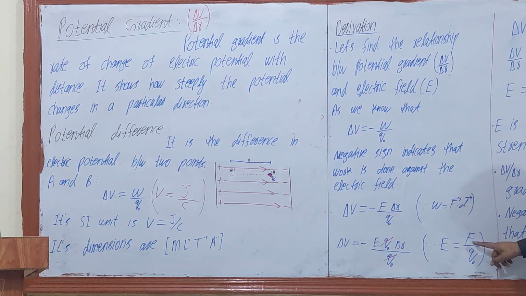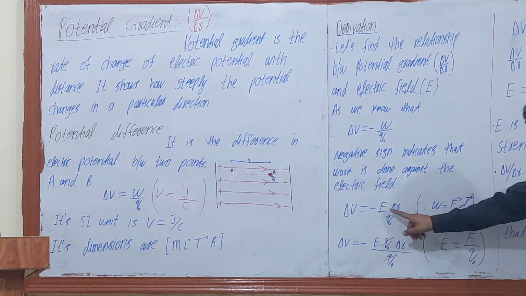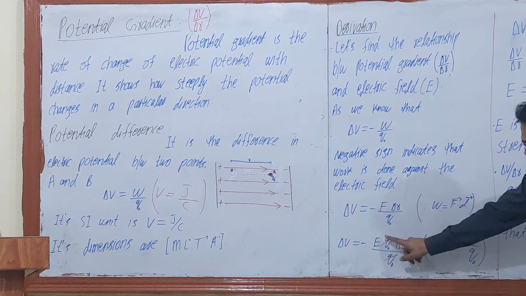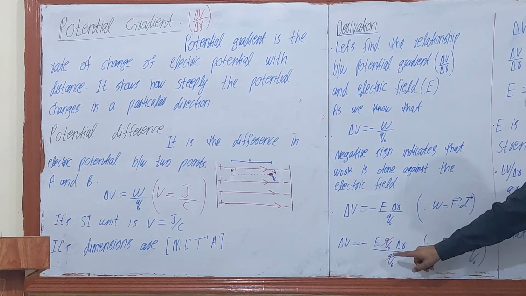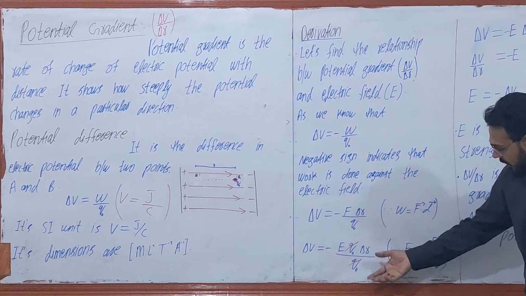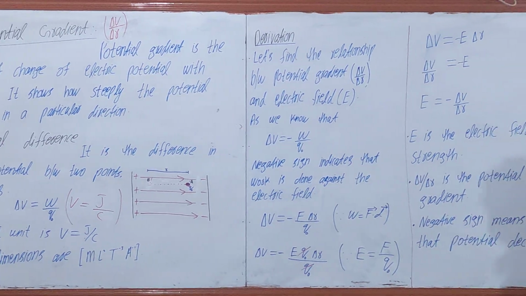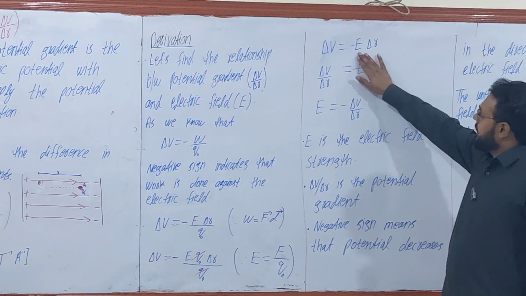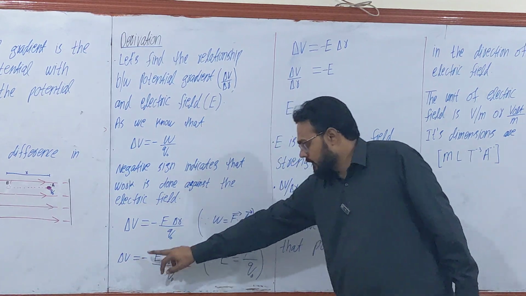So F is equal to E Q naught. By putting the value of F here, Q naught will be multiplied, and Q naught cancels out, and E del R and del V are left, with the minus sign.